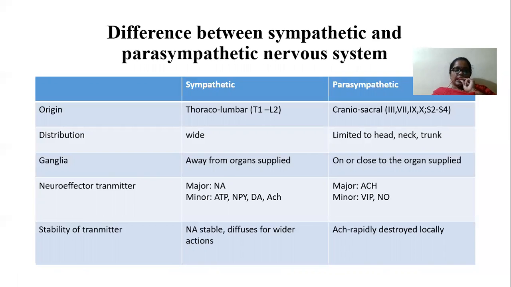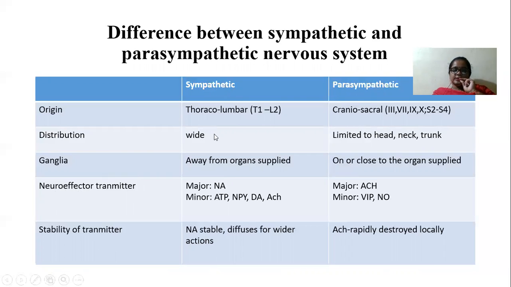In the sympathetic nervous system, the ganglion is away from the organ supplied. In the parasympathetic nervous system, the ganglion is on or close to the organ supplied.